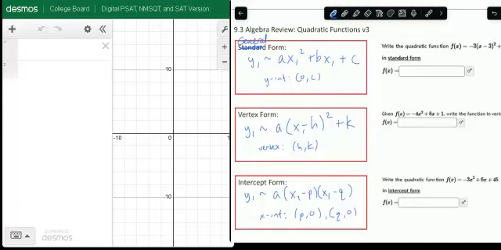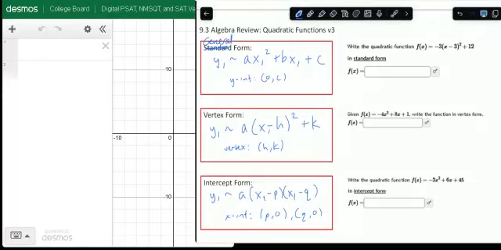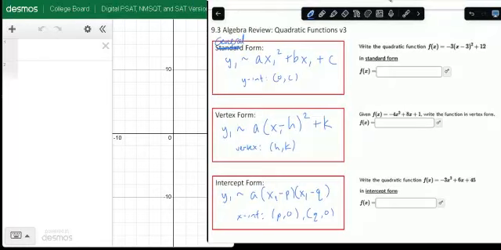Right, so let's say that you want to convert something into the standard or general form. If that's the case, you need to expand it out, right? Now, we did this by hand by expanding this function and then writing your answer in that general form.